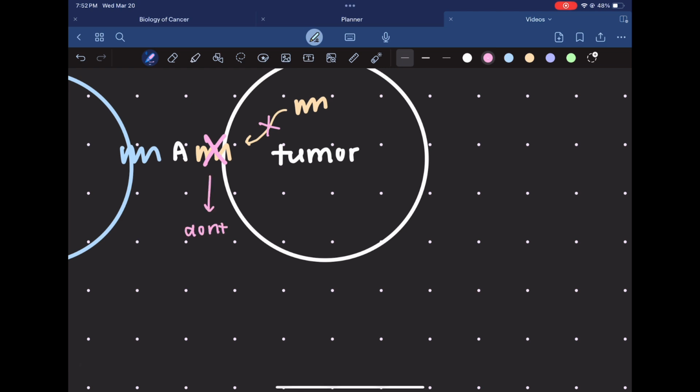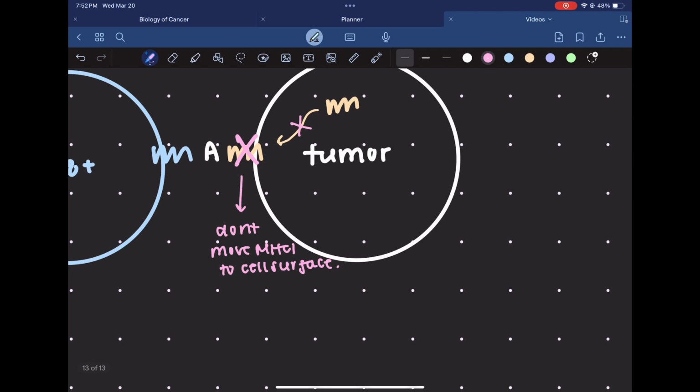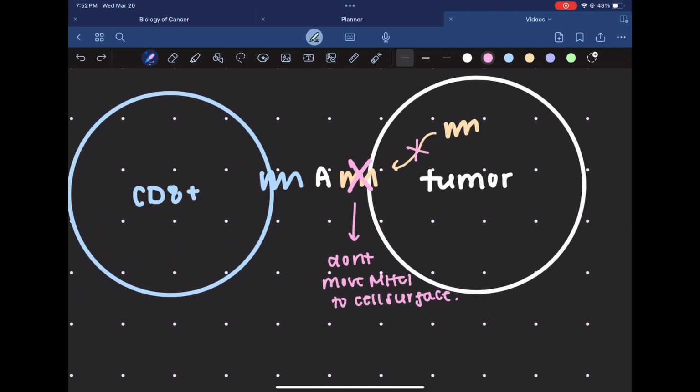So we don't move MHC1 to the cell surface. So again, our CD8 plus can't recognize an antigen without having an MHC1 molecule to present it. So our CD8 plus cell isn't going to be able to recognize our tumor very well in this case.